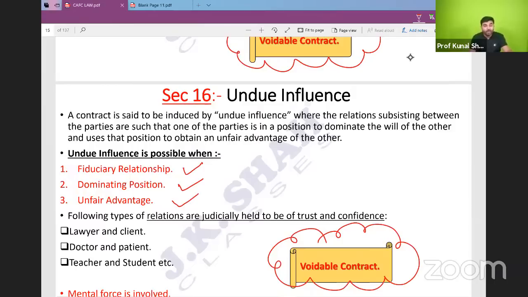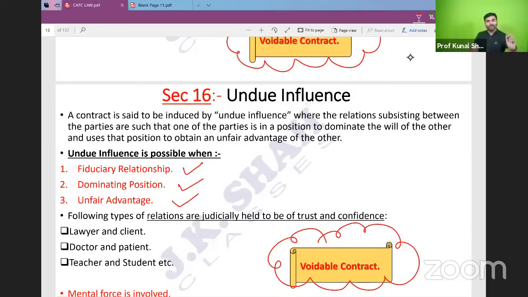Now, if the parents try to take unfair advantage of their position, then whatever contract is entered into with you will be out of a mental pressure, a moral pressure.